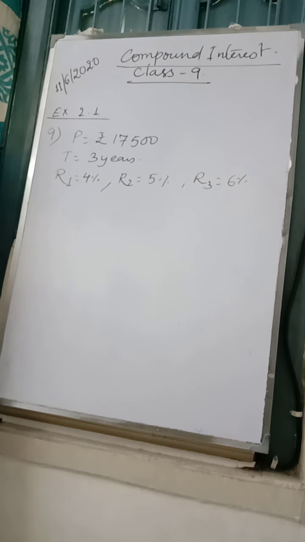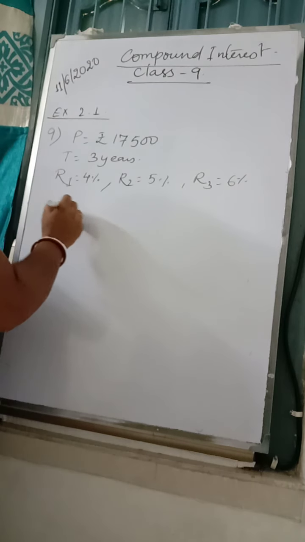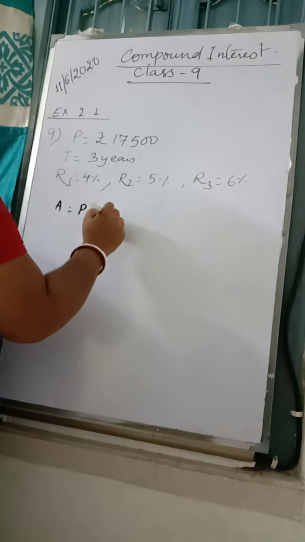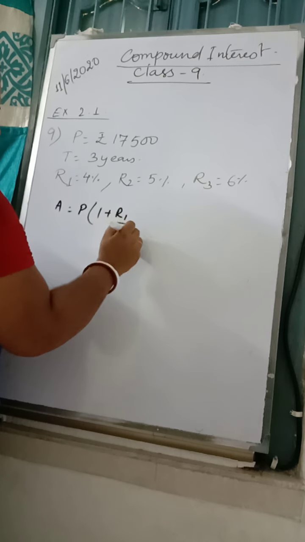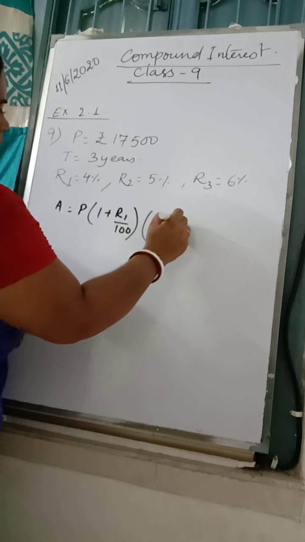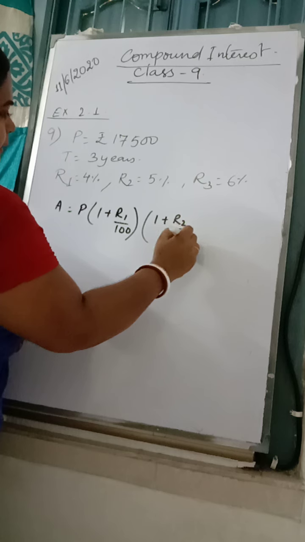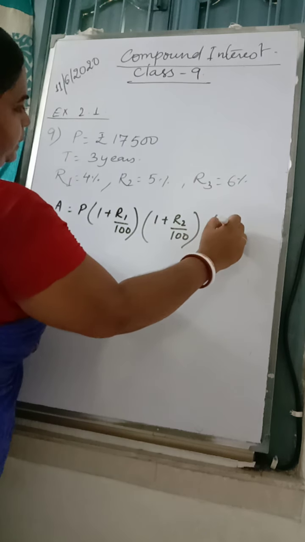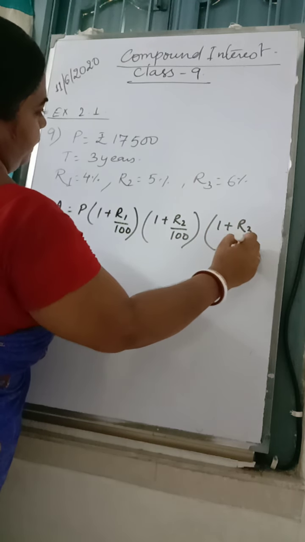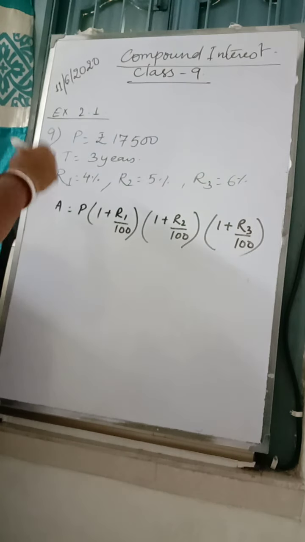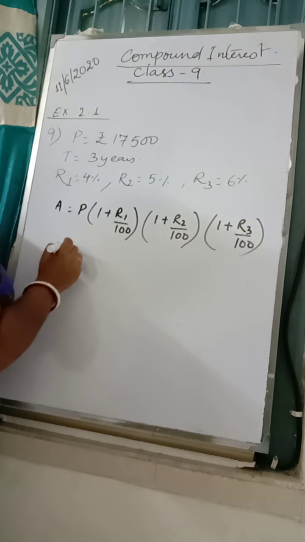Now we have to find the amount according to the formula: P into (1 plus R1 by 100) into (1 plus R2 by 100) into (1 plus R3 by 100). This formula we have used. Now the same thing we are going to apply here.